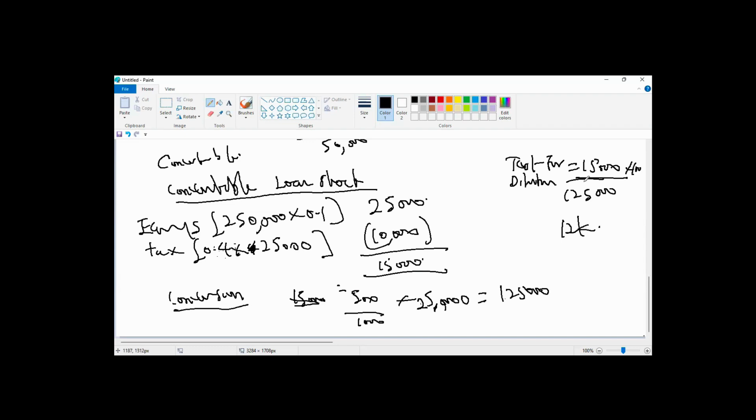Then I can now calculate my diluted. It must be included.